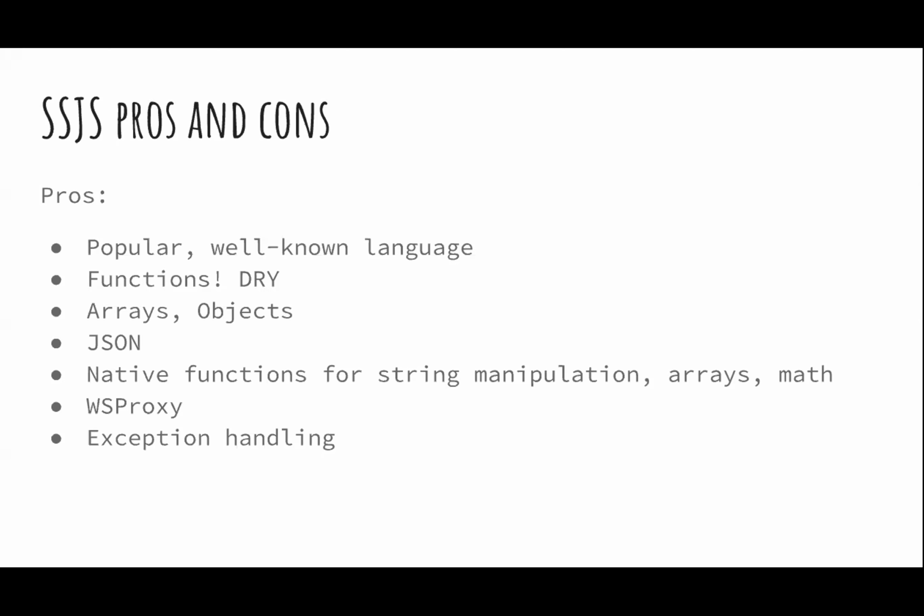Within Marketing Cloud, there are specific functions for parsing and stringifying. Parsing is reading JSON into a JavaScript object, and stringify is a function to convert a JavaScript object into a JSON string.